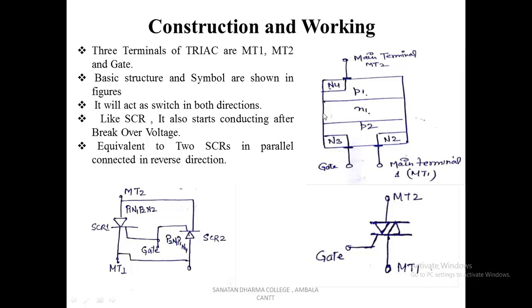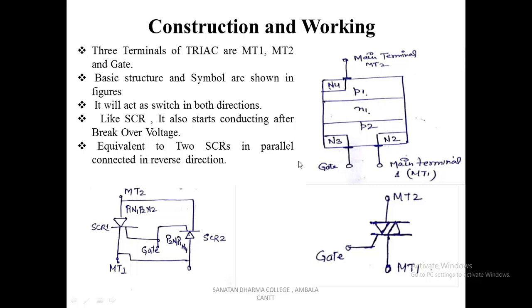The working of Triac is somewhat the same as that of SCR. In case of SCR, we applied a voltage between anode and cathode, and only when the applied voltage was more than the breakover voltage was the SCR conducting. Here also, when the applied voltage is more than the breakover voltage, it will start conducting.